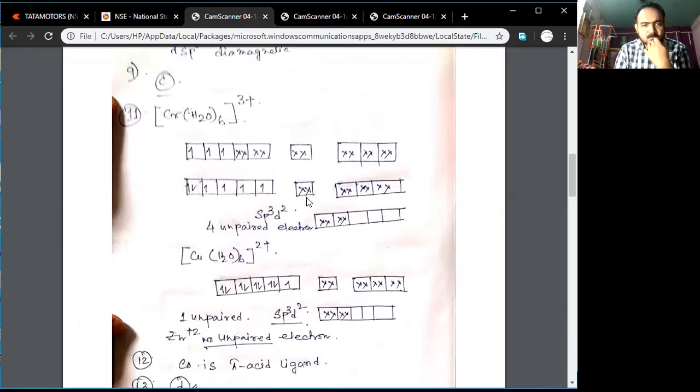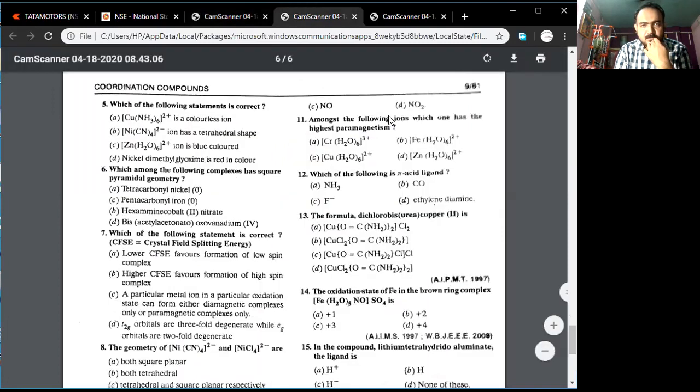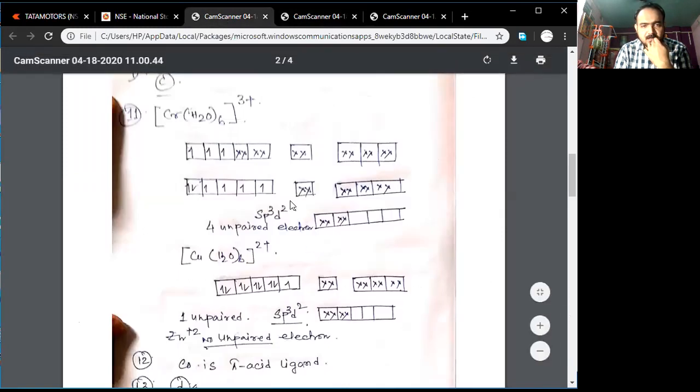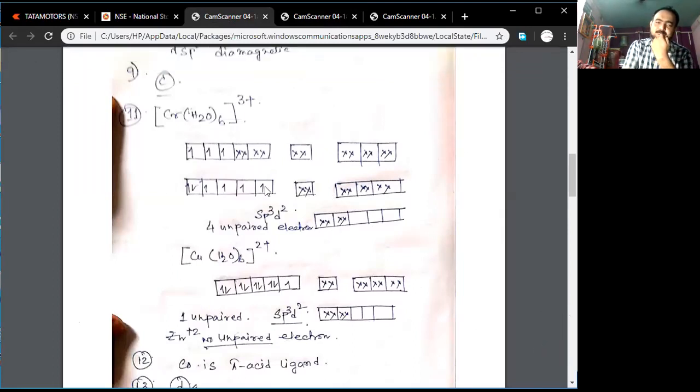Now you can see here 6 H2O ligands means 12 electrons are given. This is also present in my VBT class. So sp3d2 hybridization is done, with 4 unpaired electrons. 4 unpaired electrons means the magnetic moment is 4.92 BM or 4.82 BM.